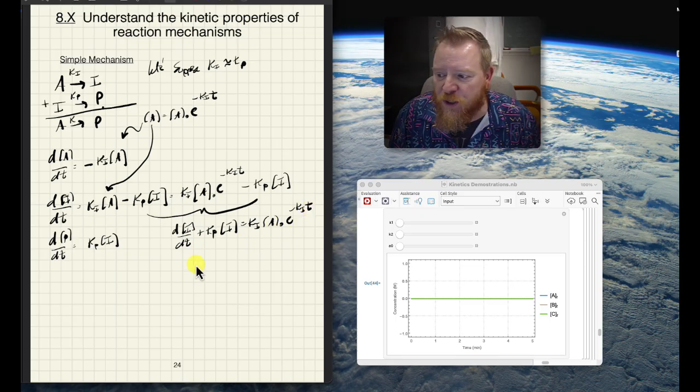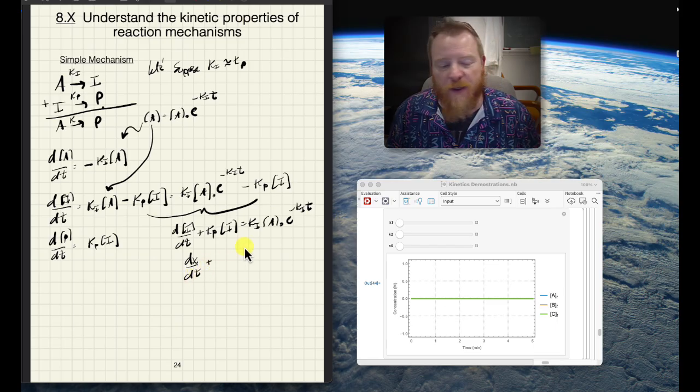And I'll write this in a more generic way. So I'll write that as dx by dt plus some constant A times x, so remember I is our x here, equals B e to the negative B t.